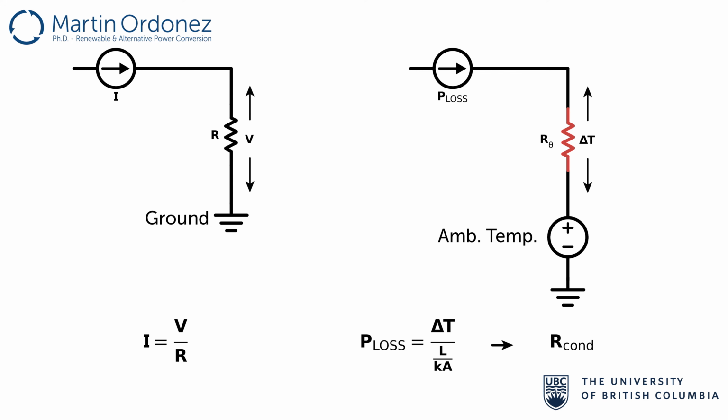Therefore, an equivalent thermal resistance can be defined as L over k times A. This way, there is an analogy between the electrical and thermal phenomena. As you can see, the relationship between power loss, flow, and temperature change is quite similar to the relationship between current flow and voltage drop.